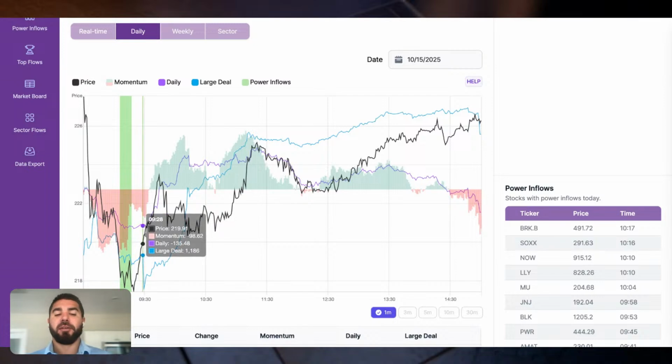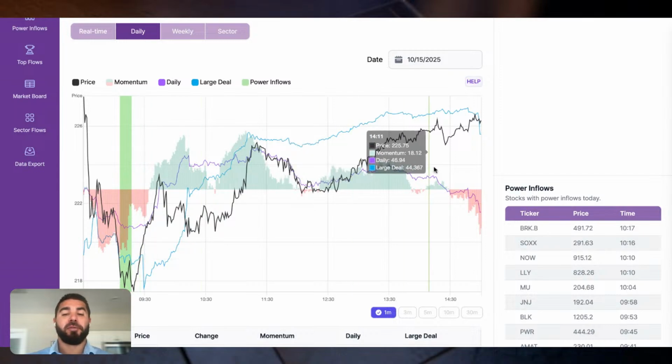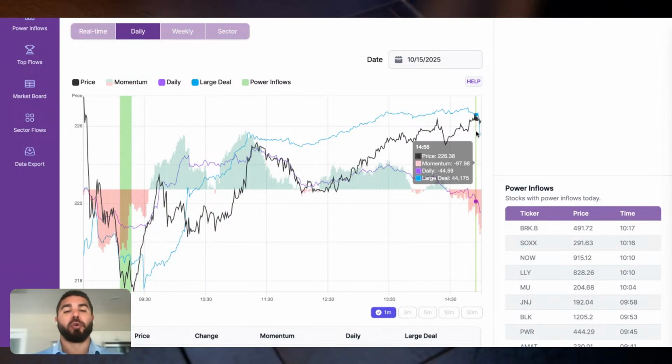If you got into PGR right after our power inflow signal came in, and held it through the rest of the day or sold towards the end of the day, you actually would have made a gain of around 4 or 5% on a day where the stock was actually down a slight percentage. So again, on a day where the stock was down maybe a percentage point or so, you could have made a gain of around 4 or 5% just by buying in at the most opportune time. And that's that edge that we're trying to provide to you.